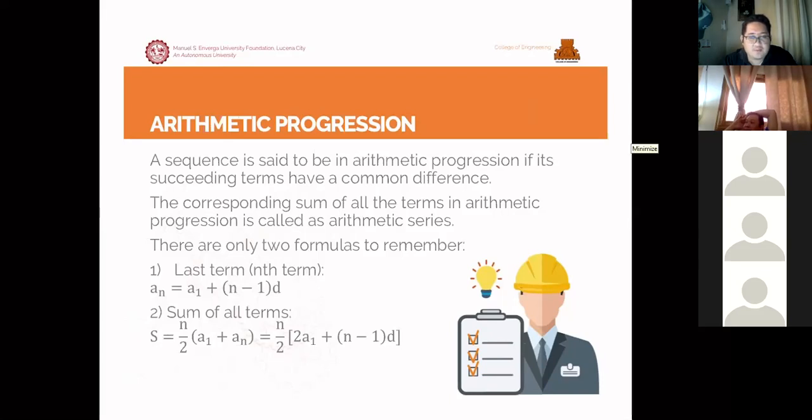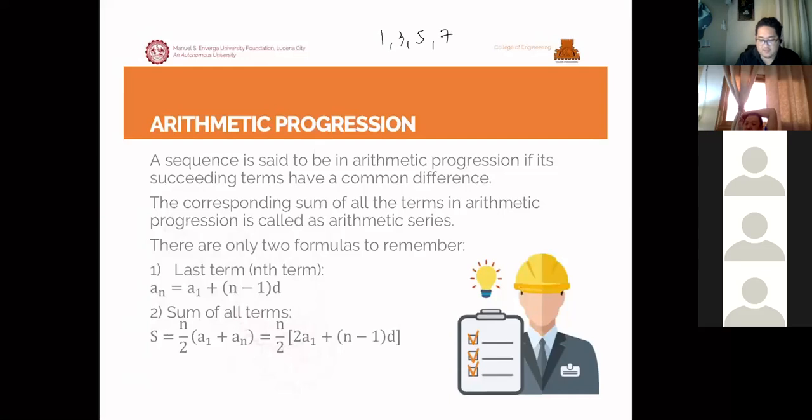Sinasabing arithmetic progression ang isang sequence kapag yung each term o each succeeding term ay may common difference. Halimbawa, you have given a set of numbers, 1, 3, 5, and 7.